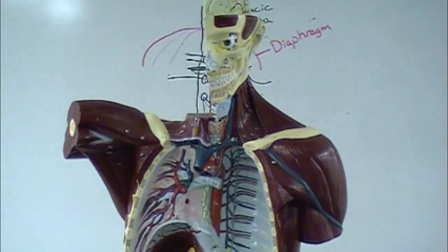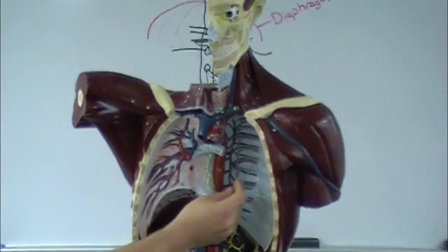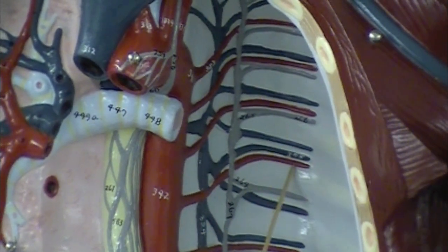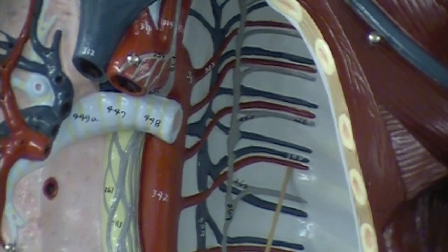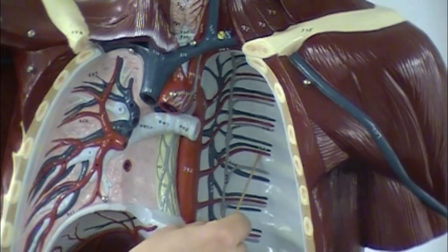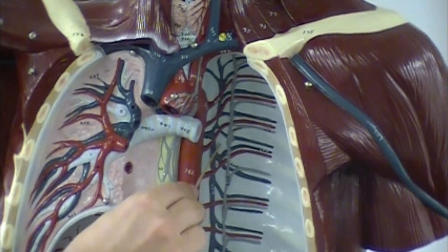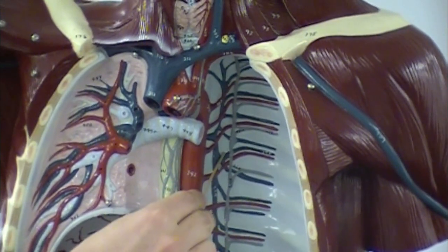Looking in the ribs, we can see these arteries here. They're coming off of the aorta, and that will be called our intercostal arteries. And then the vein of note in here will be the hemiazygos vein.